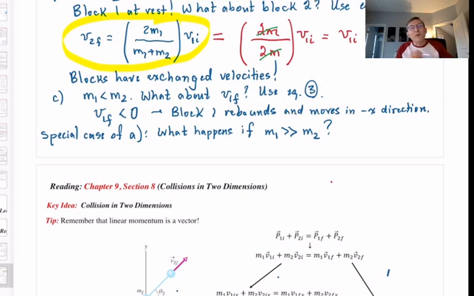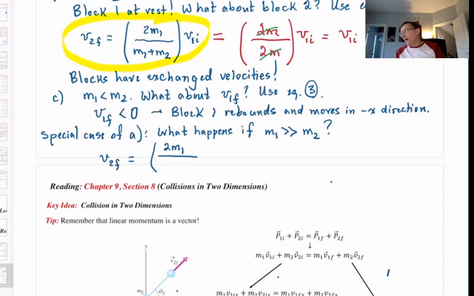V2 final. I want to simplify that. I want to say, well, how does that simplify, reduce, in the limit where M1 is much larger than M2? So a physicist confronted with a situation like that says, well, I can take that formula and I can simplify it. That is to say, in the denominator, where I have M1 plus M2, M2 then is a small number added on to the big number. Focus on the big number, right? 1,000 plus 1.